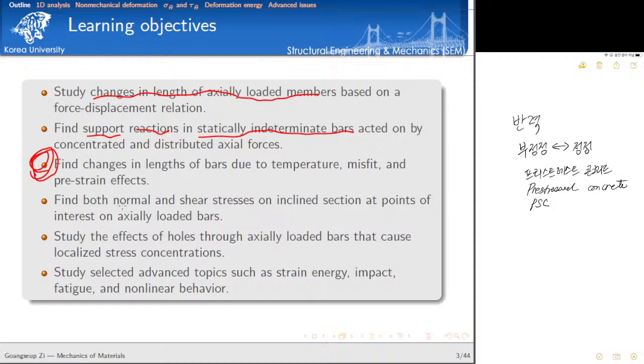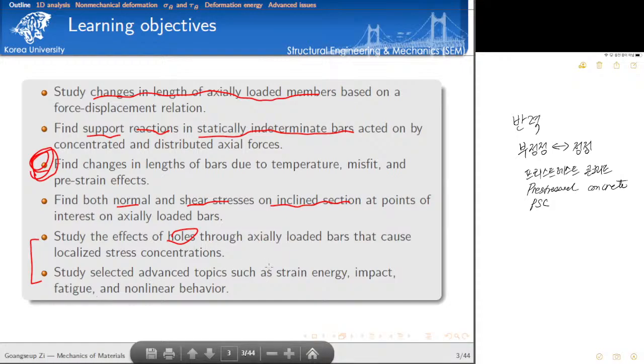Here we also want to revisit the arguments of normal and shear stresses on inclined sections by using the equilibrium condition in axially loaded parts. These last two are advanced topics, where we will discuss what aspects we have to consider if we have any holes in our structural members.